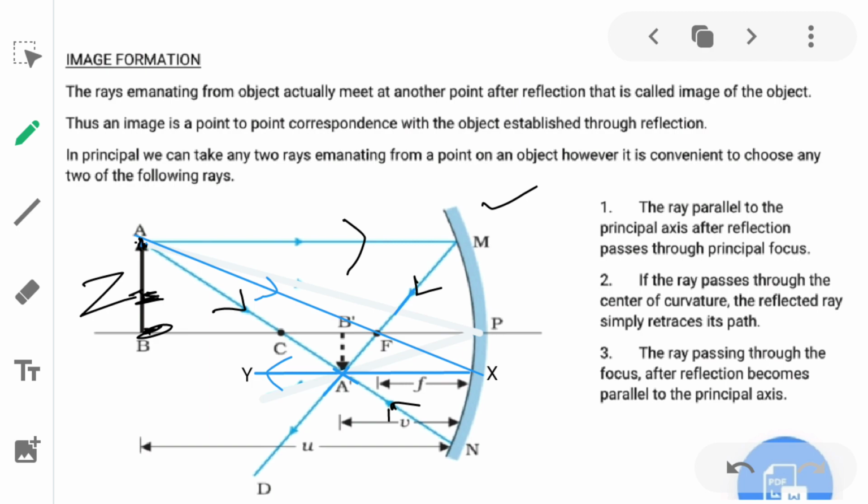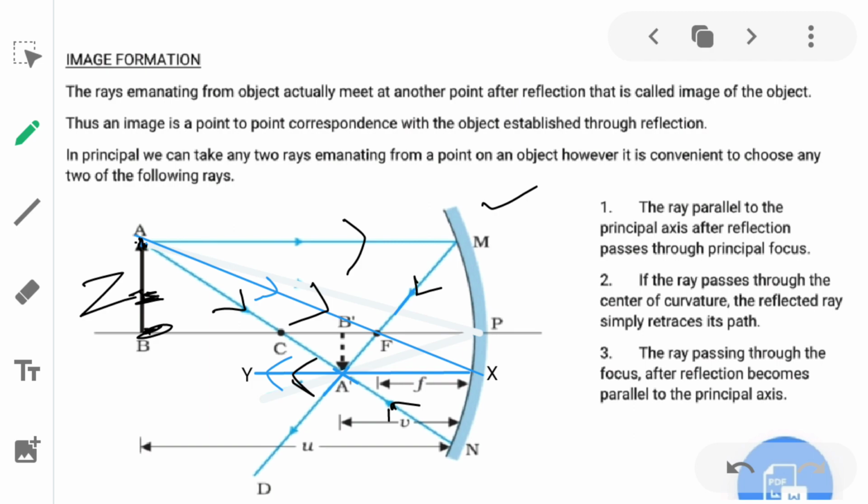So which is that third ray? AFX. AFX is the incident ray which is passing through the principal focus. So after reflection, it becomes parallel to the principal axis, X, A dash, Y.